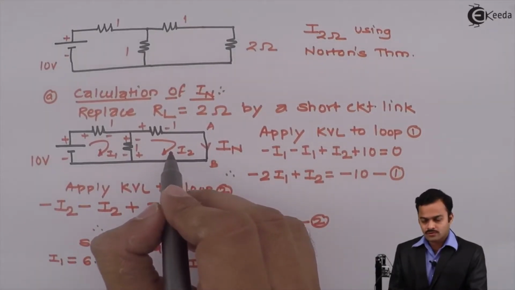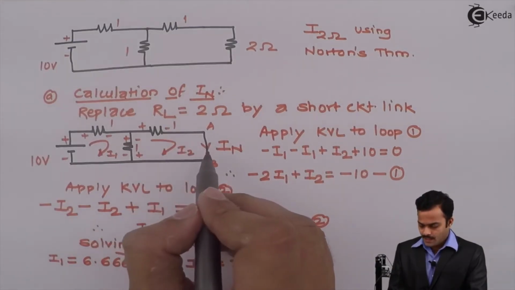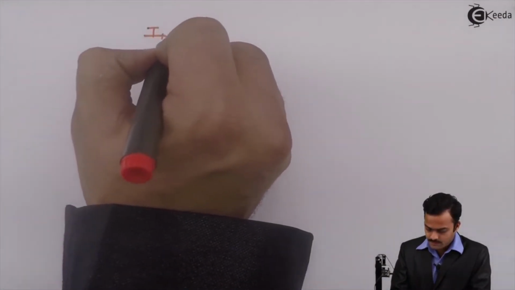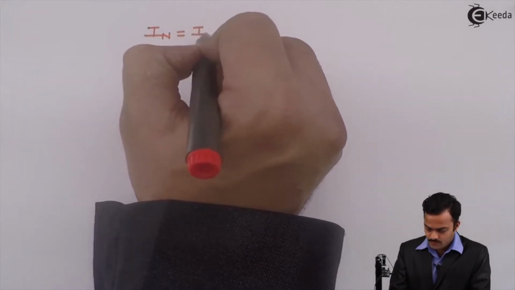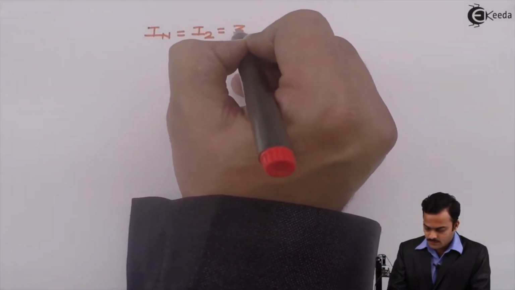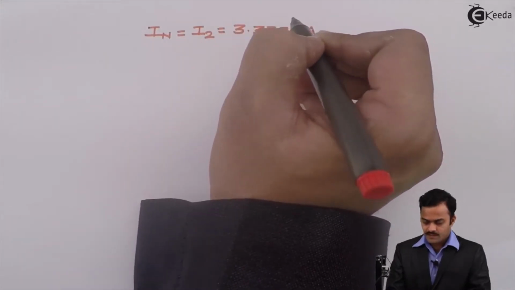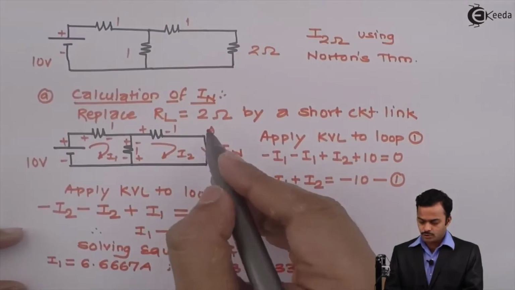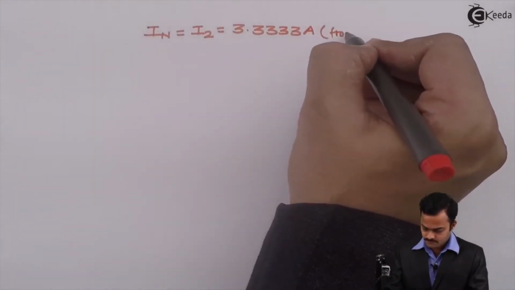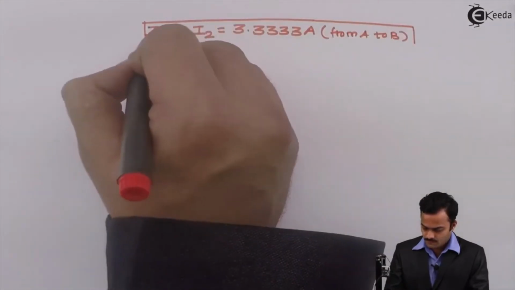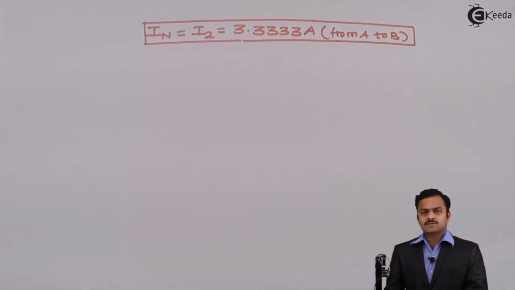We can conclude from the diagram that IN I can write as 3.3333 ampere, and its direction is from A to B. So step number 1 we have completed.